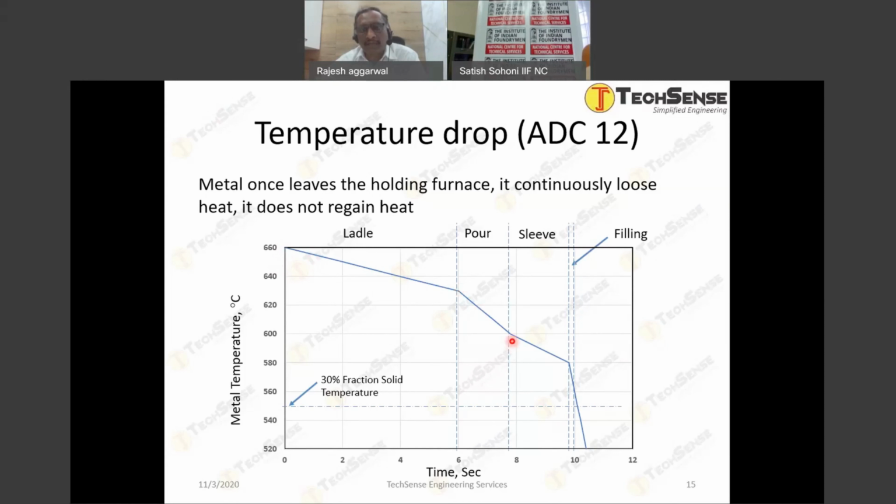It is poured in the shot sleeve, phase 1 happens in the shot sleeve, the filling happens in the cavity and the solidification happens inside the die. So the metal leaves the holding furnace, continuously loses heat, and will not regain it. We're talking in general as an overall scenario to understand the basic phenomena.